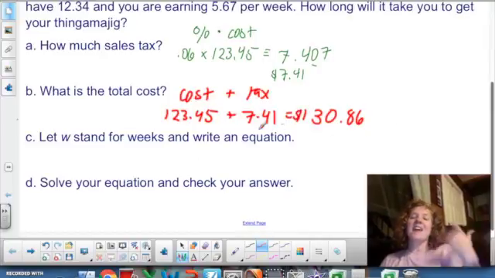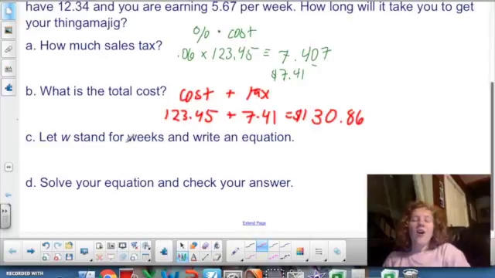Now we get to the actual saving up. It says to let W stand for weeks and write an equation. All these equations where you're trying to save up for an item and you've got some already saved and you're gaining a little bit each week, they all kind of follow the same pattern, which is we've got a starting value, in this case $12.34, because we said we already have $12.34 saved up.